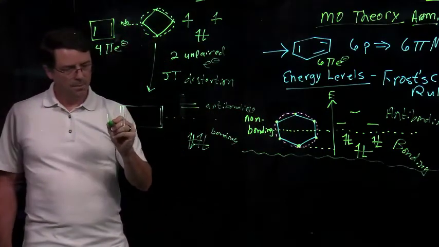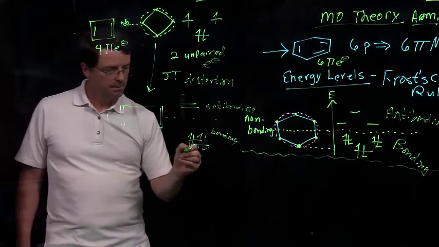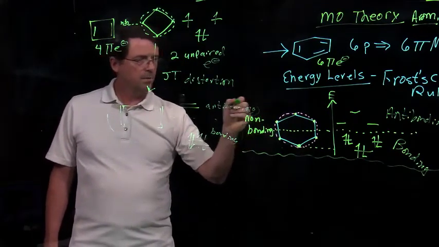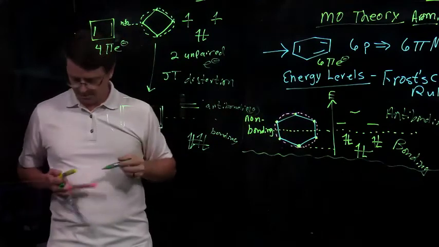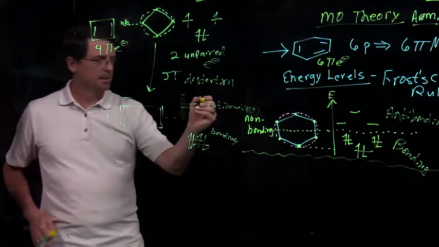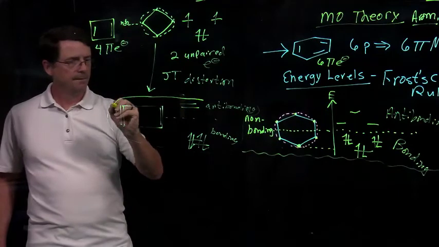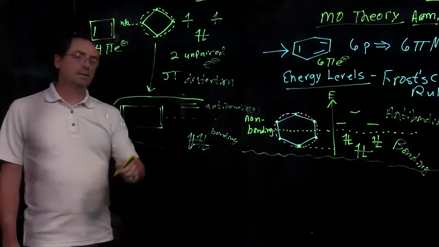So this is the orbital picture for the real cyclobutadiene, because it's really a rectangle.